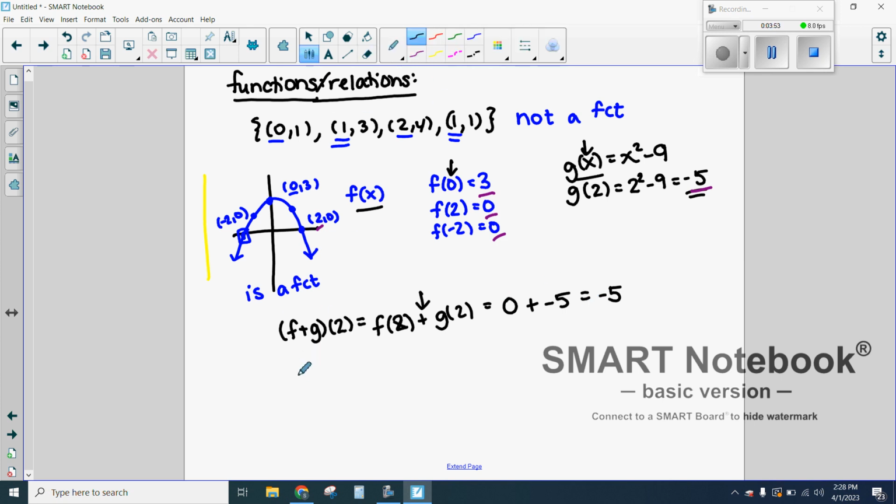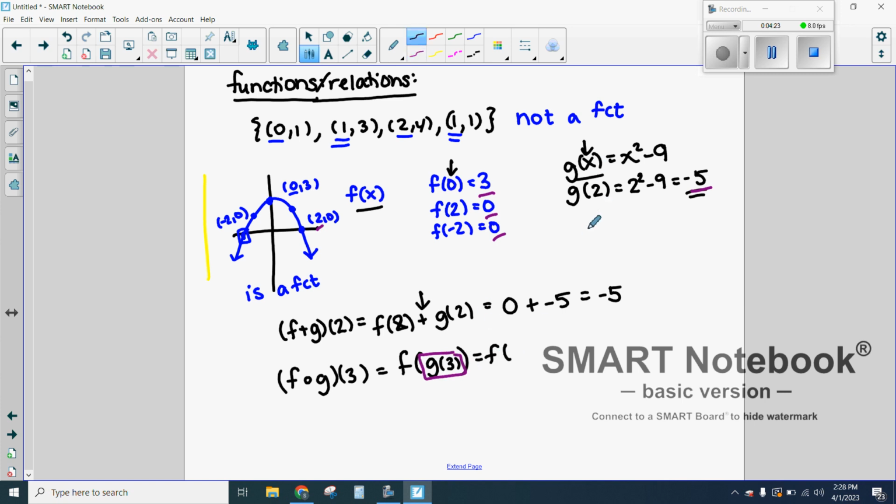I also need to know how to do the composition of functions. The first function on the list is on the outside. The second one is on the inside. So this says I need to start by finding g of 3.